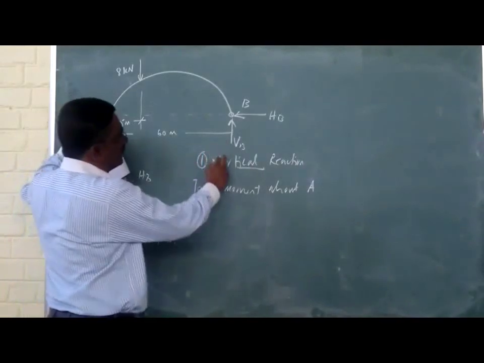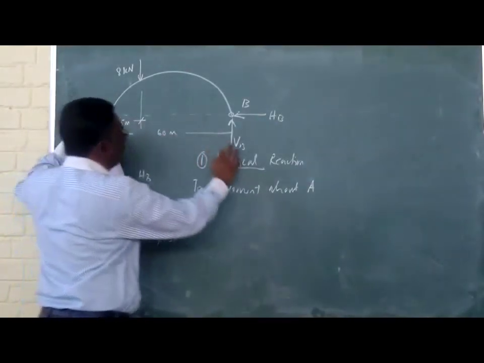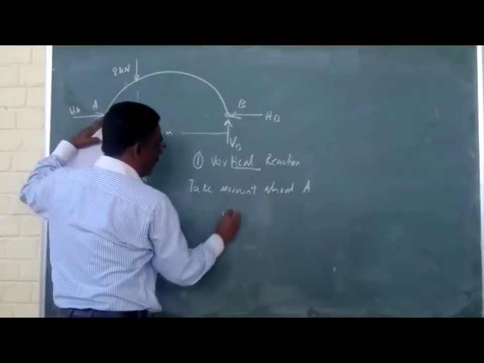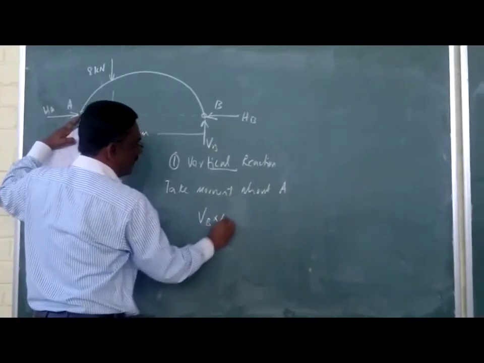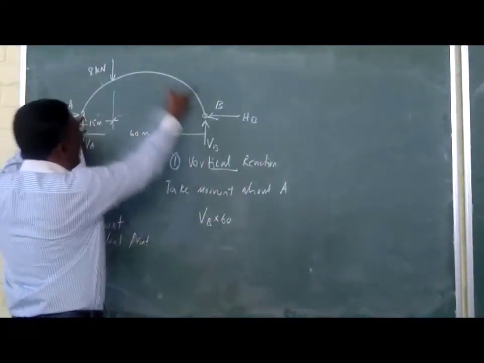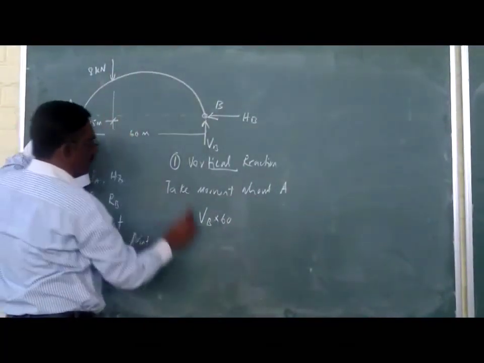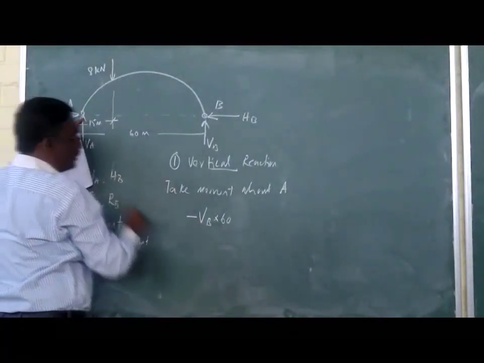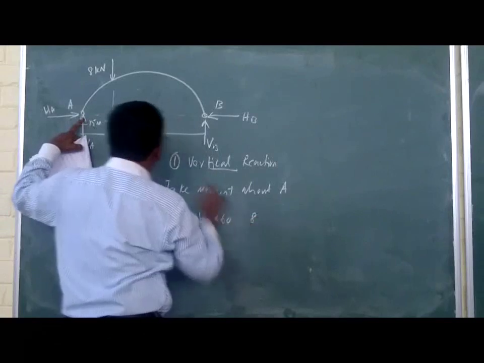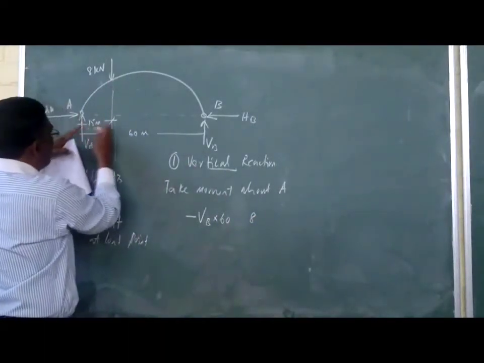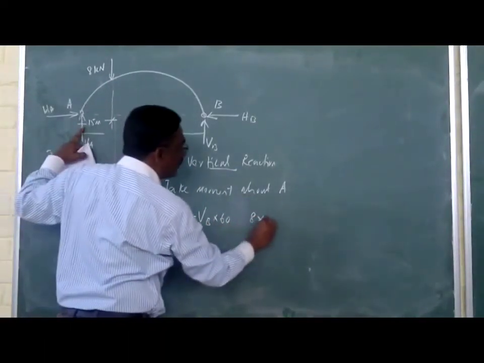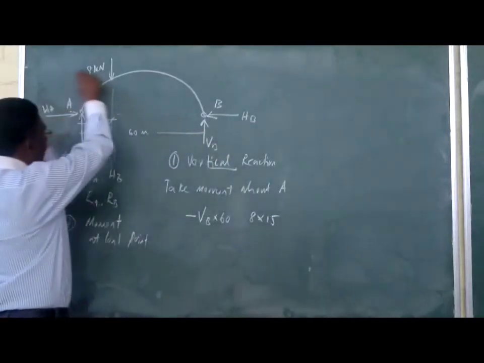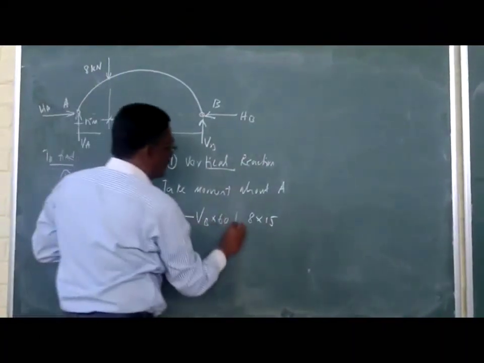The first force which is not passing through A is VB. VB into 60. It is making an anti-clockwise rotation, so this is negative. The second force is the downward force of 8 kilonewton. It acts at 15 meters from this point and it is making clockwise rotation, so it is positive.